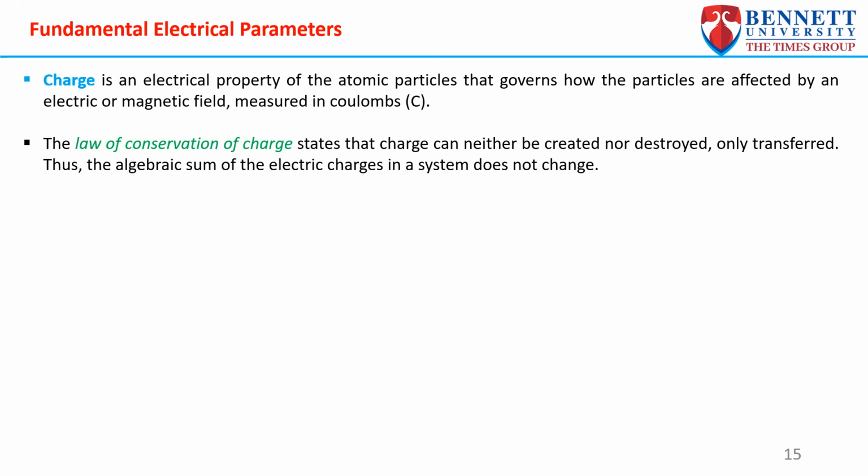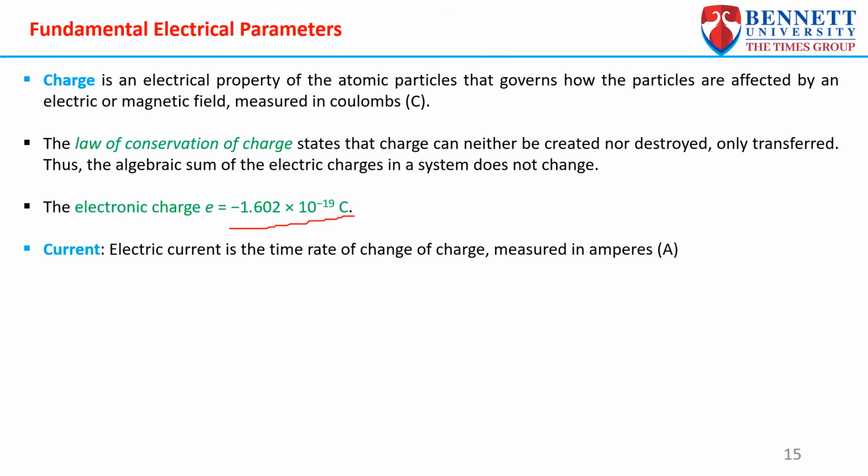There is one very famous law, the law of conservation of charge, which states that charge can neither be created nor destroyed, it can only be transferred. The algebraic sum of electric charges in a system does not change. The magnitude of the electronic charge is around 1.6 × 10^-19 coulomb, so we are using a negative sign here.